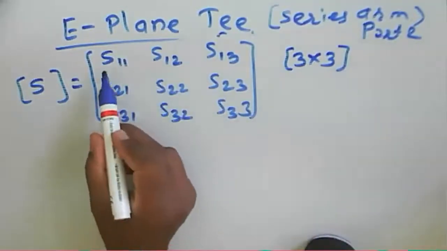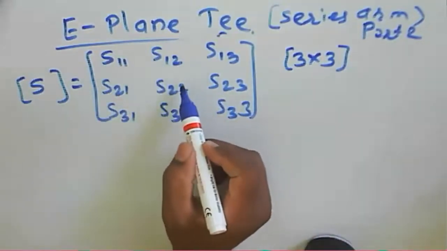That's why there are 3 rows and 3 columns.